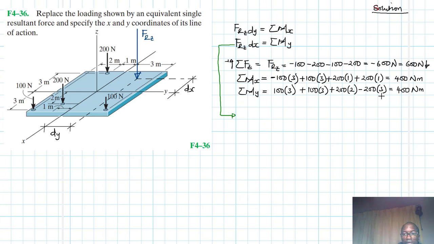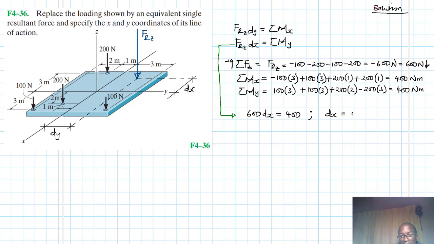So if it is a positive summation of moments, therefore we are going to say 600 will also be positive times FRZ times dx, which is going to be equal to 400, and therefore our dx is just going to be equal to 400 divided by 600.